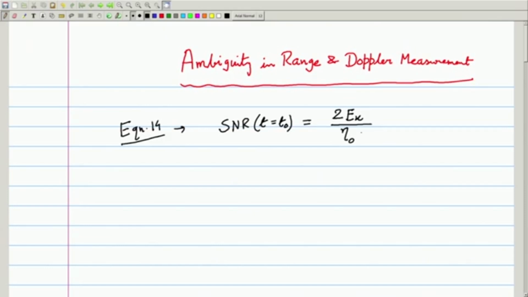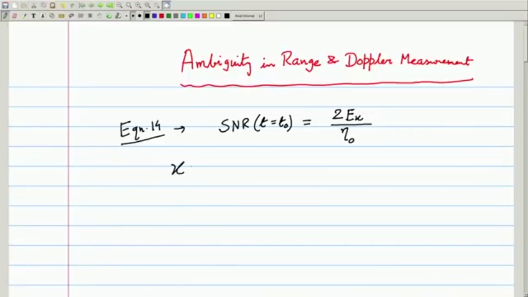So the question is, what is the best choice for the transmitted waveform x(t)?